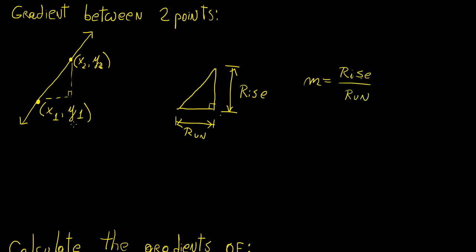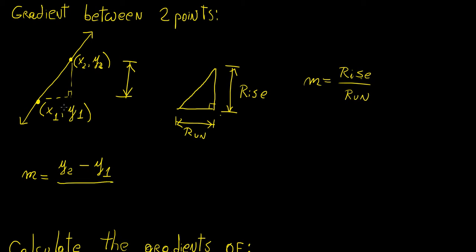If we look very carefully at this diagram, we should be able to see that the rise is going to be given by the difference between the y coordinates. So if we go from here, this is the higher one, we can write y2 minus y1. That's going to give us the total distance along the y-axis.